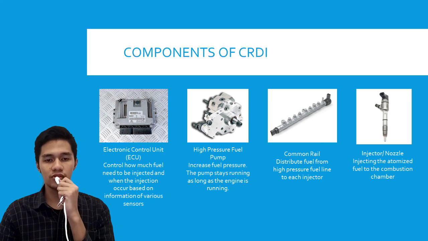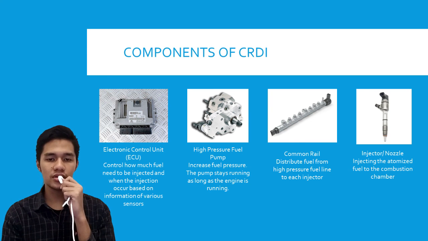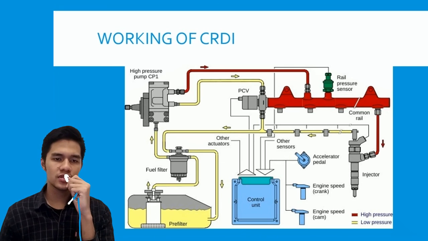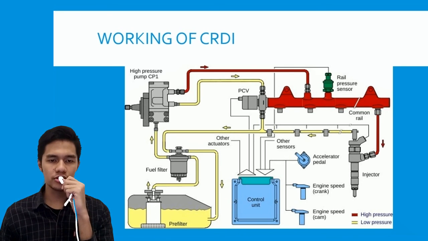Next is the high pressure fuel pump, to increase the fuel pressure. Next is the common rail, to distribute fuel, and the injector, to inject atomized fuel into the combustion chamber.